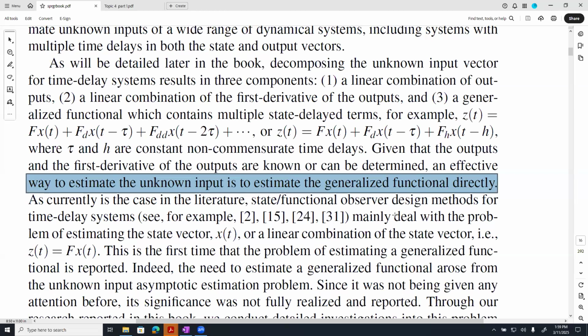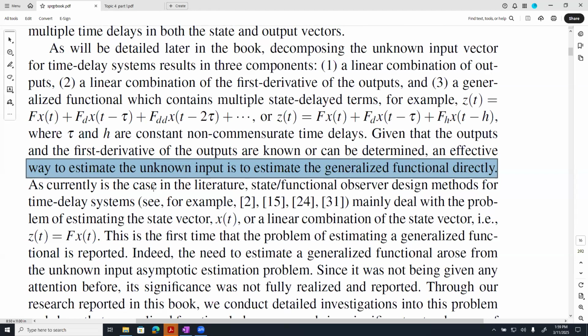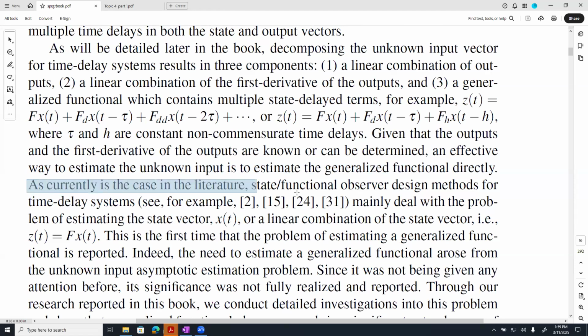Now, one thing we would like to mention, which is very important, is that in the literature, at the moment, there are many results available for designing a stack or functional observer for time delay system.